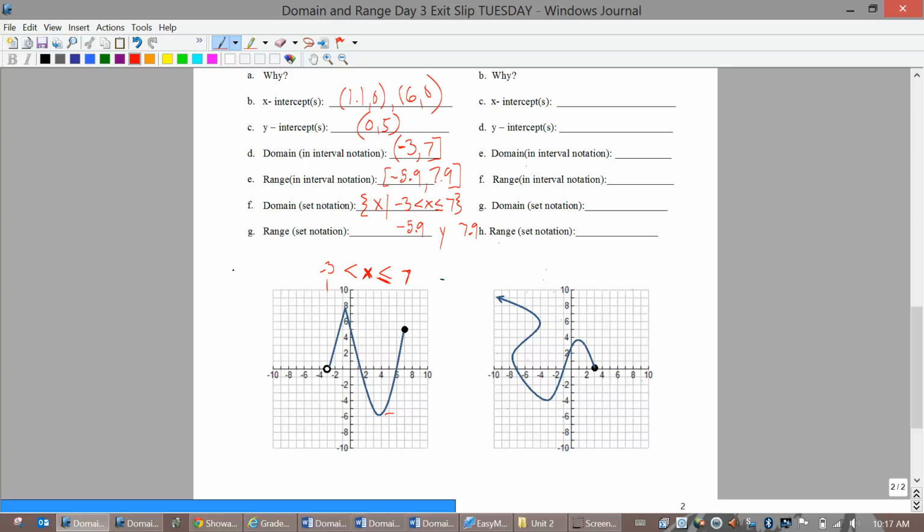And it's allowed to be both of those numbers. It actually hits those values. It's including those values, so we use the square brackets up top. Squiggly bracket, y such that, because range is a question of y's.